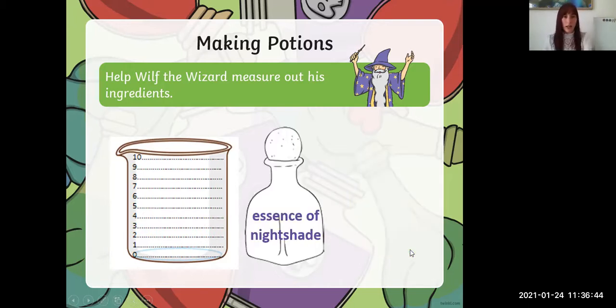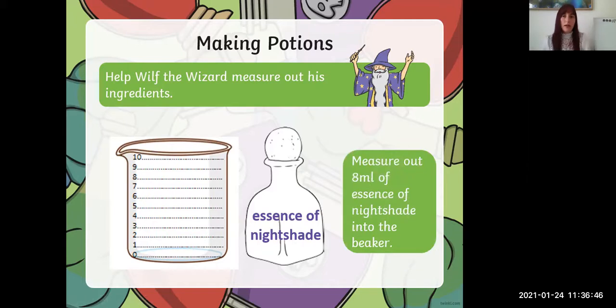Oh, essence of nightshade this time. Measure out 8 millilitres of essence of nightshade into the beaker. Have another look. Have a think, see if you can point which line do you think we need to fill it up to this time? Where would 8 millilitres be? And again, we can draw a line. There we are, 8 millilitres in line with the 8.